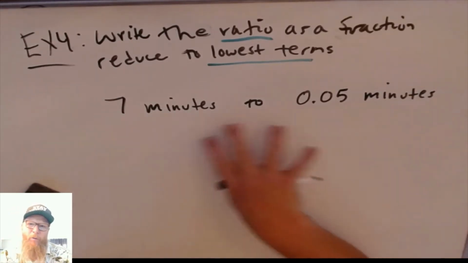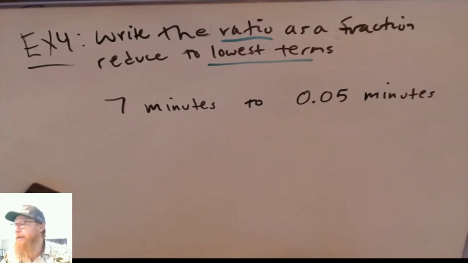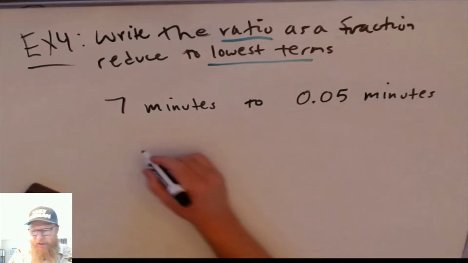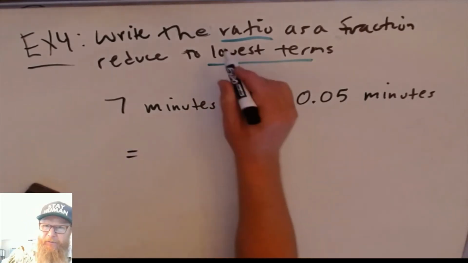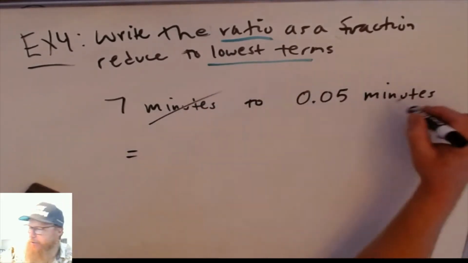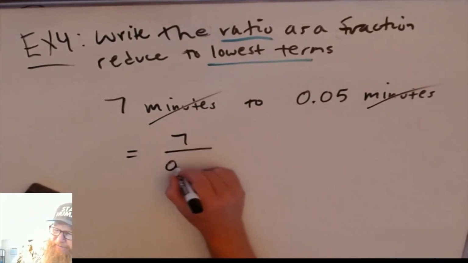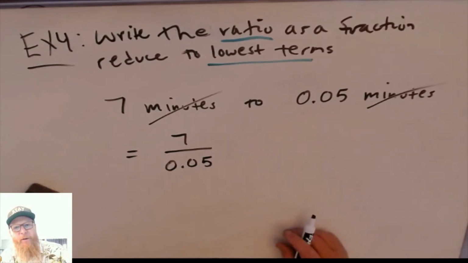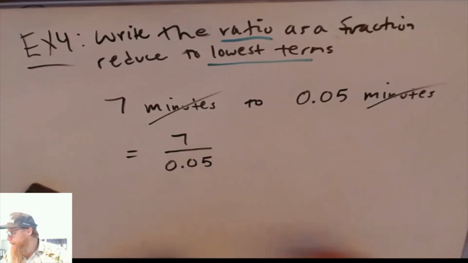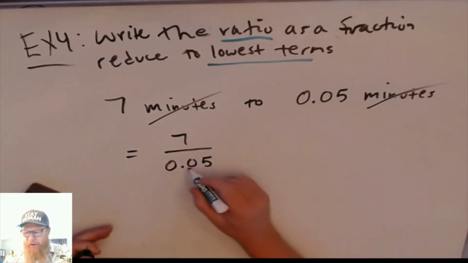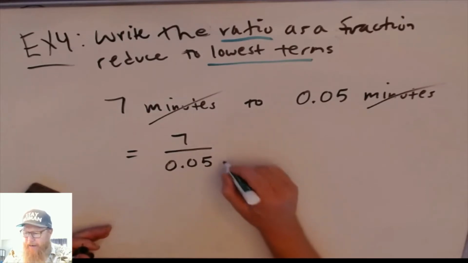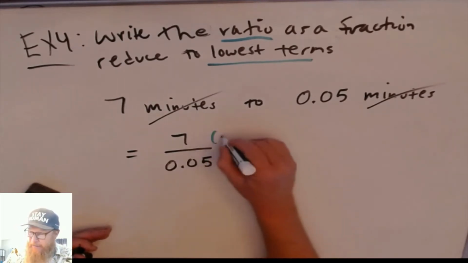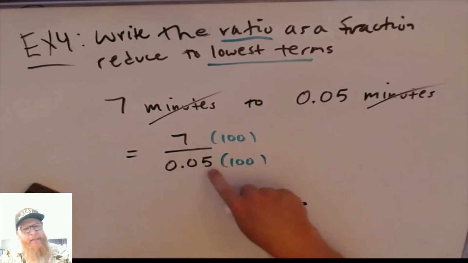I got 1 more with decimals, and then I got to do one with mixed fractions or something like that. Okay, again, the units don't matter. So from now on, if we're doing a ratio and the units are the same, we can just cross them out, and that saves us a little bit of work. 7 to 0.05, or 5/100ths. All right. Now, if there are 2 decimal places, you multiply by 100. If you happen to only have 1 decimal place, then you can multiply by 10.